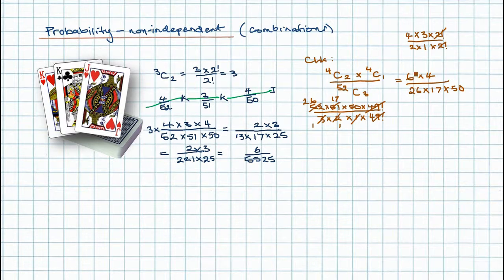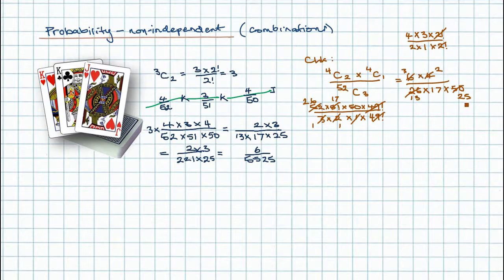Now I can do a bit more cancellation. 26 is divisible by 2, and so is 6, so let's divide by 2. 6 divided by 2 is 3, and 26 divided by 2 is 13. And in fact we've got 4, we can halve that, so 4 divided by 2 is 2, and 50 divided by 2 gives us 25.